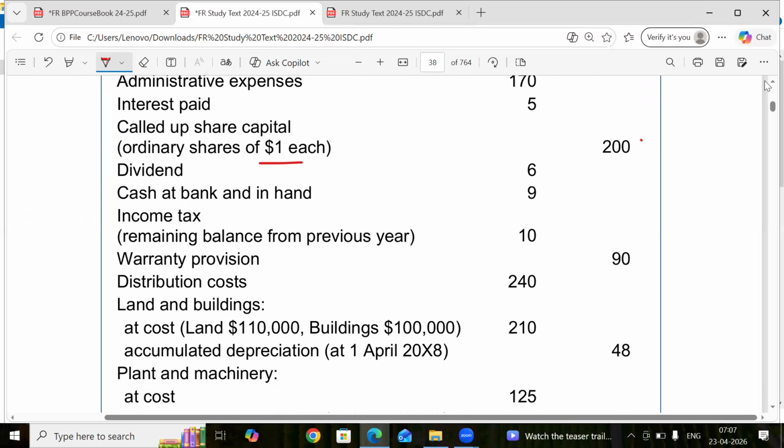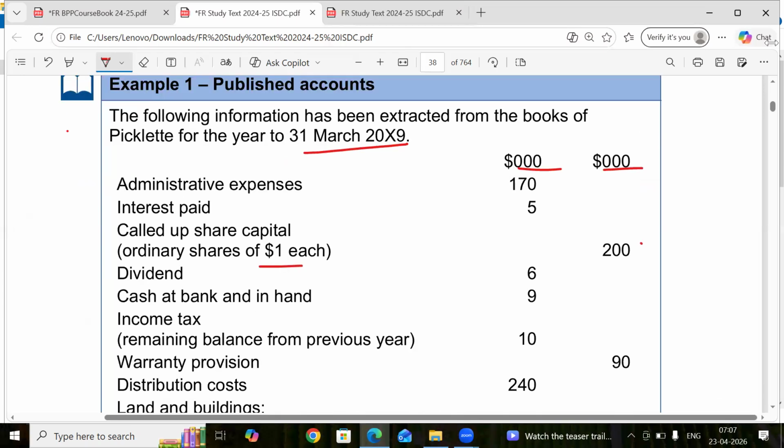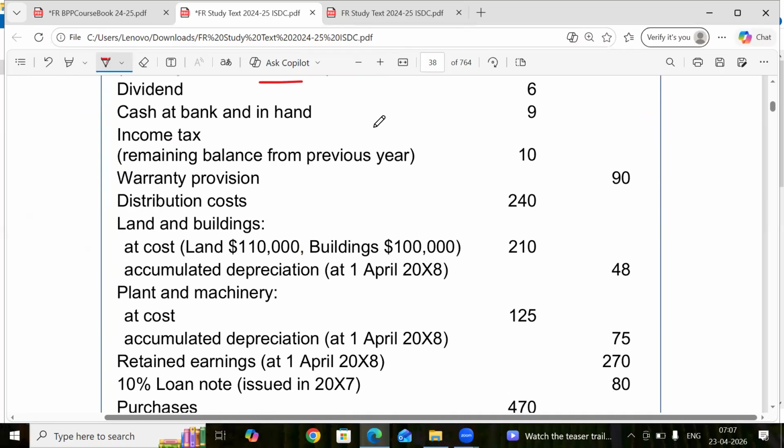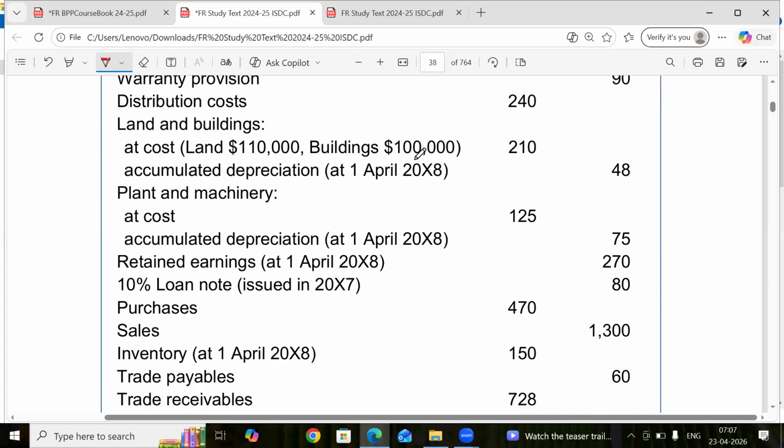There are three zeros omitted here, so it is $200,000. Cash at bank and in hand is given. Income tax remaining balance from the previous year is given, that means they have to pay. Now warranty provision is given. Distribution cost, land and buildings at cost, and accumulated depreciation is also given.